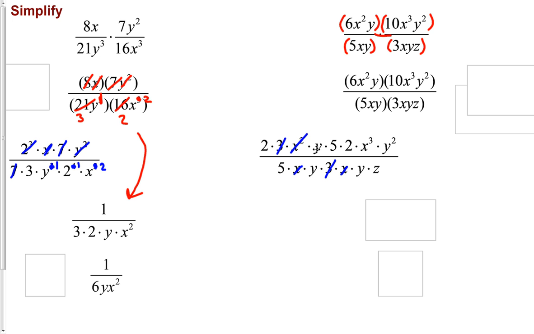Right in front of me here, I see a y and a y, but I actually have a y and two y's in the denominator, so it's y squared, and I have a y squared term up here, so I'm going to decide to cross that one out instead. Let's see, I have a z down here, no z's up on top, a 5 down here, I do have a 5 in the numerator. Cross that out, and everything else is as simple as it's going to get. So if we move on here, we should have 2 times y times 2 times x cubed all over z.